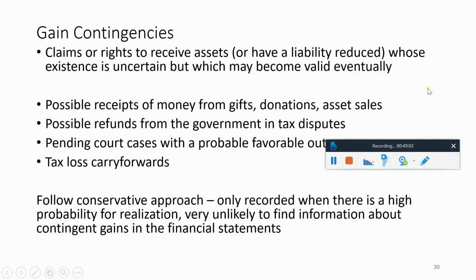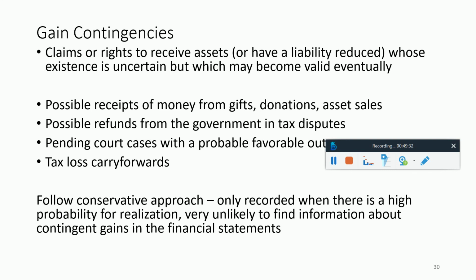So first of all, a gain contingency is claims or rights to receive assets, usually cash, or to have a liability reduced, whose existence is uncertain but may eventually become a valid claim. The reason for that is either the amount is unknown, or we are not yet sure what the verdict of the outstanding litigation may be.